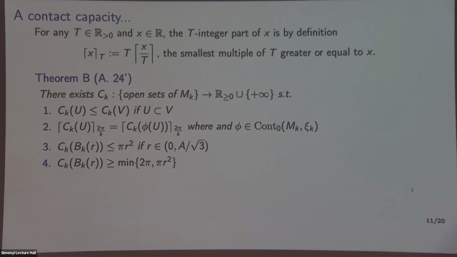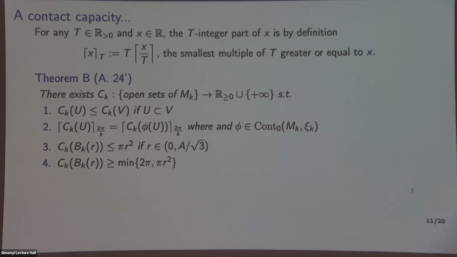Okay, and believe me, with this theorem it's very easy to get theorem A. Just assume that you can send a big ball by a contactomorphism into a small contact ball. Then by the first property, the capacity of the image of the big ball will be smaller than the capacity of the small ball.